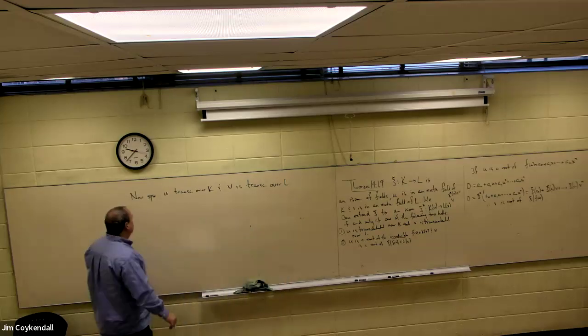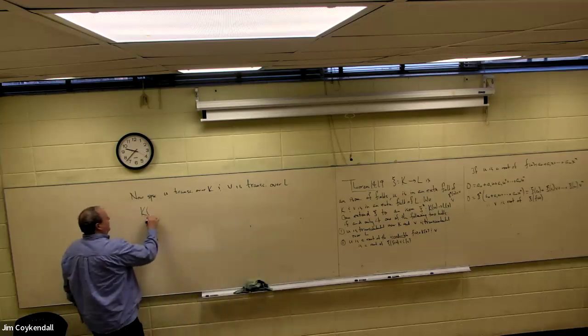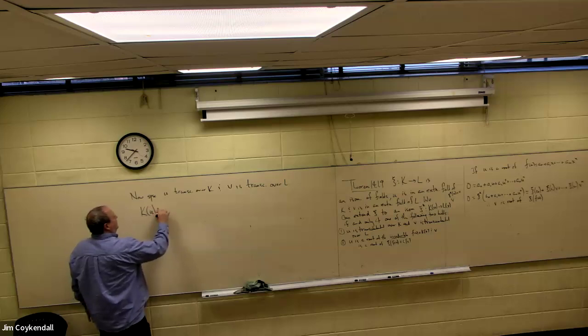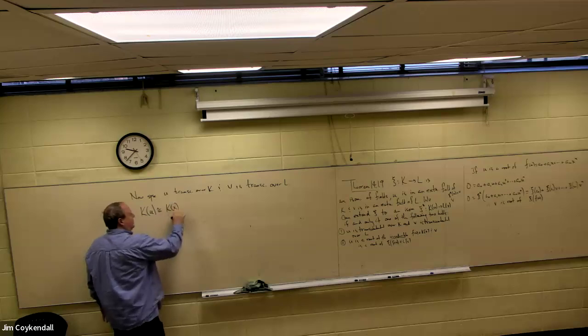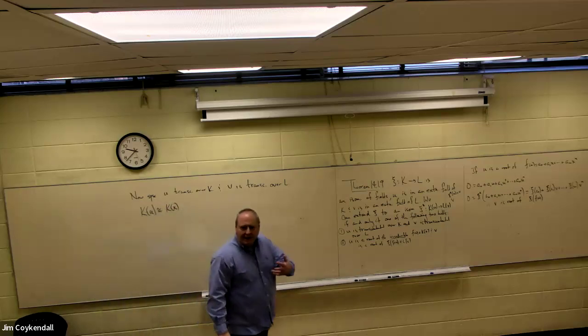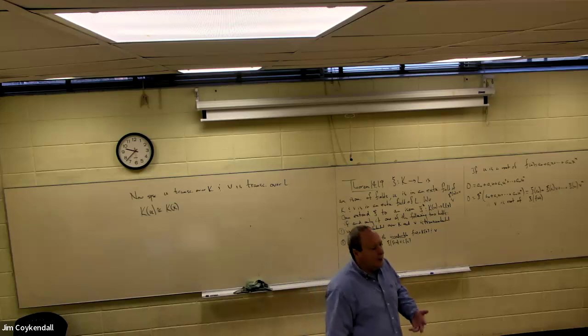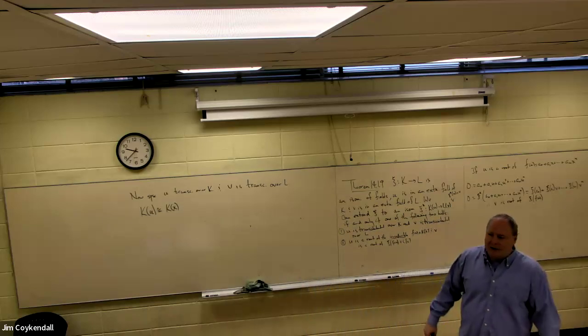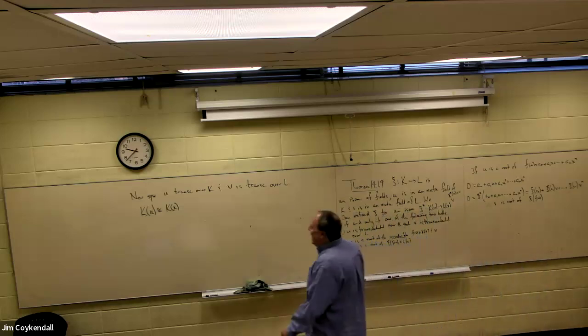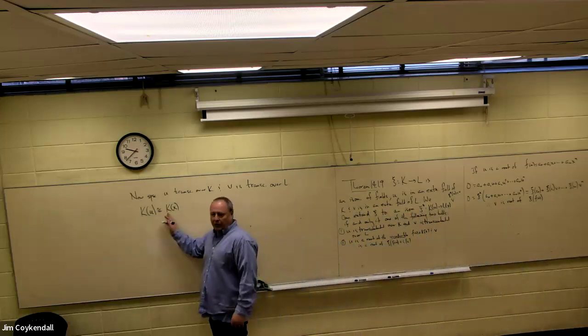Well, if you look at K(u), this is isomorphic to K(x), where here x is an indeterminate. That was one of our big things about transcendental elements: when you adjoin a transcendental element, it's the same as rational functions. But K and L, by hypothesis, were isomorphic fields.